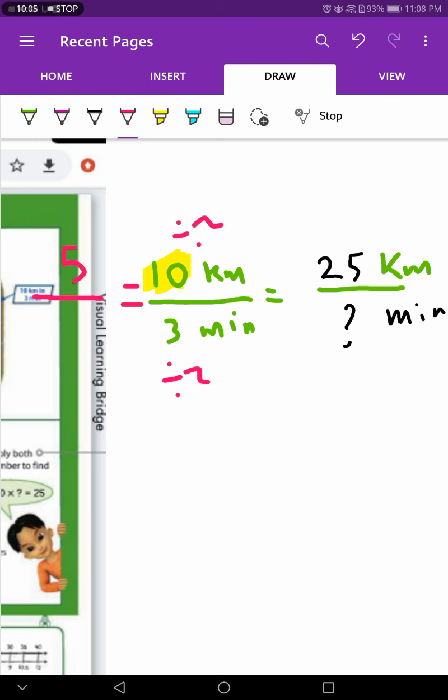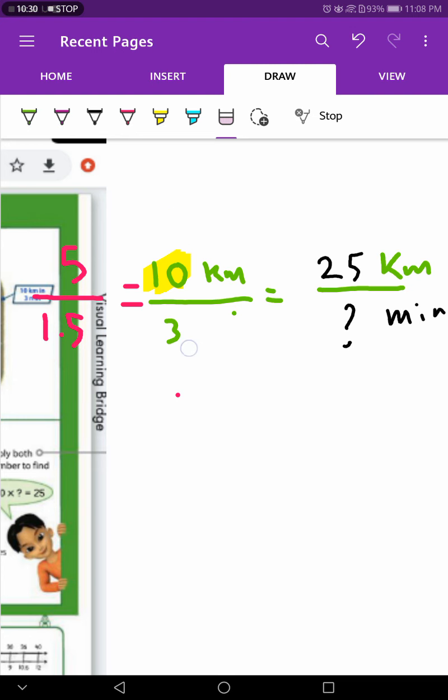Now 3 divided by 2. Teacher, I don't know 3 divided by 2. No, you know. If you have 3 riyals and you give your brother half of the 3 riyals, you will give him 1.5 riyals, yes? 1 riyal and a half.